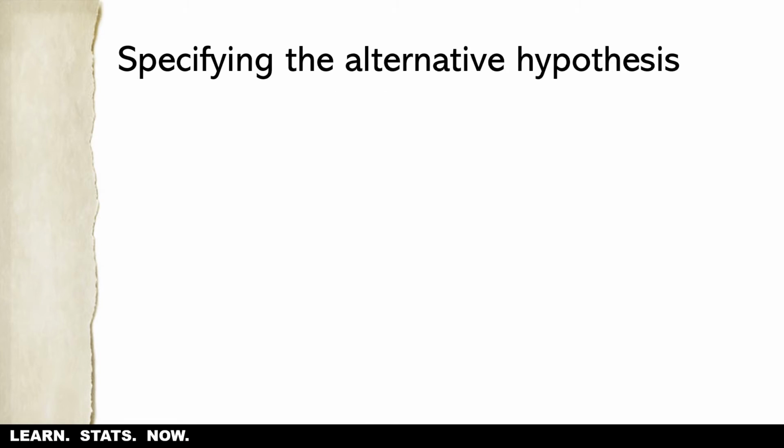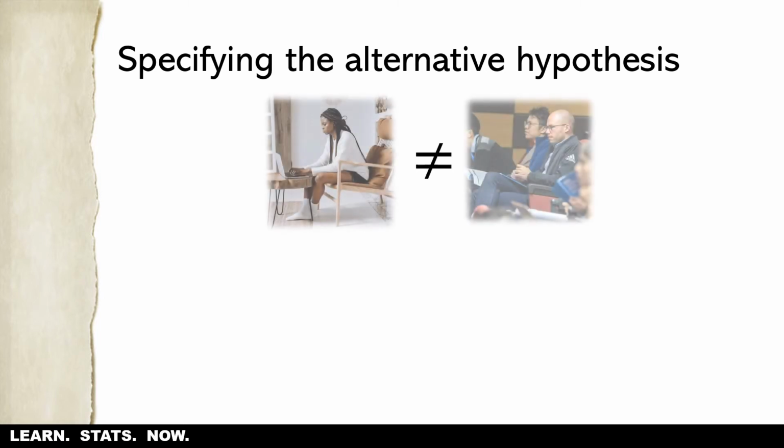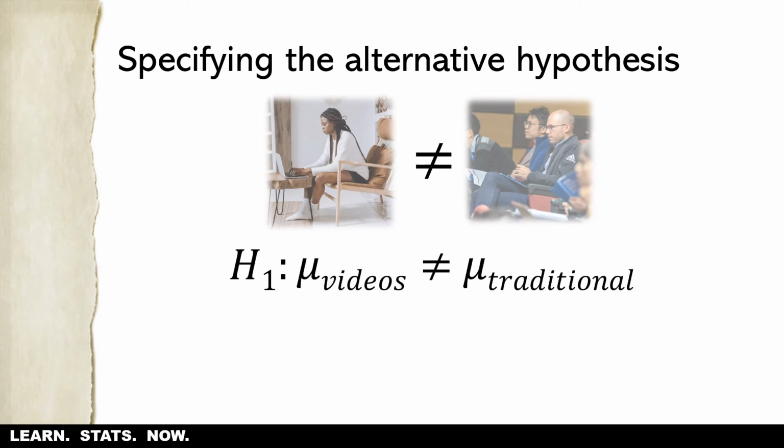Now, we will specify the alternative hypothesis, and you might expect that it would look something like this: that the means should not be equal. Depending on the textbook you're using, the alternative hypothesis will either be H sub 1 or H sub A, and it's expressed with this not equal sign.